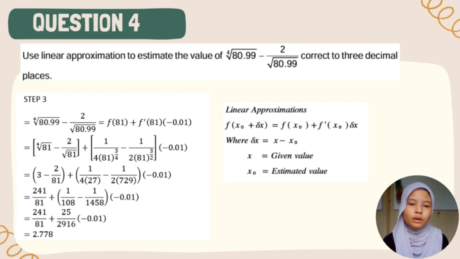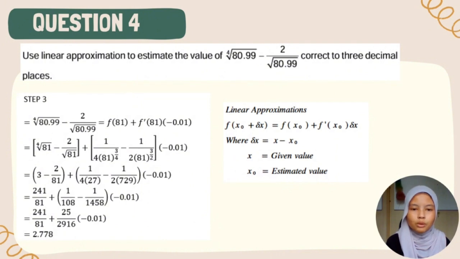Fourth root of 81 minus 2 over square root 81 plus 1 over 4 in the bracket 81 power 3 over 4 minus 1 over 2 in the bracket 81 power 3 over 2, multiplied by 0.01. Here we replace the given x by the estimated value.